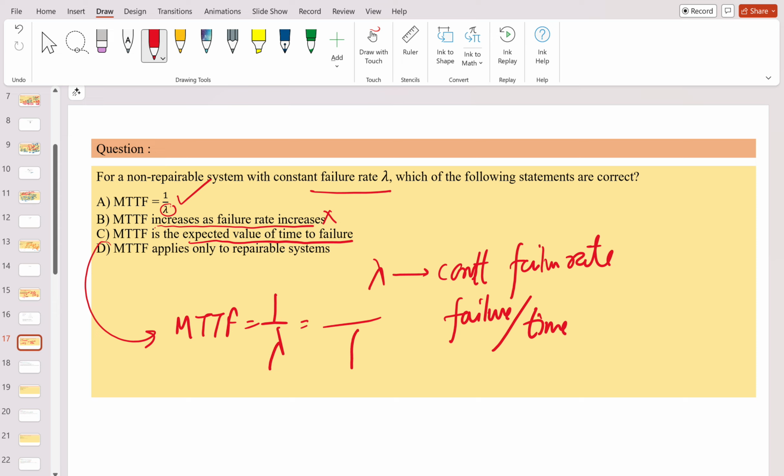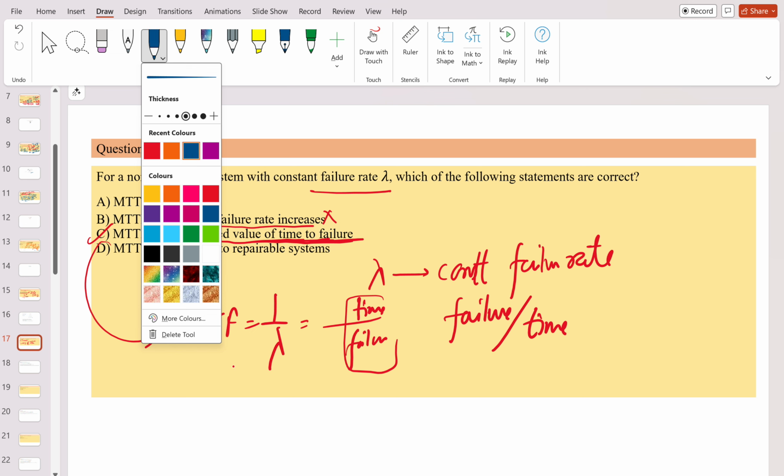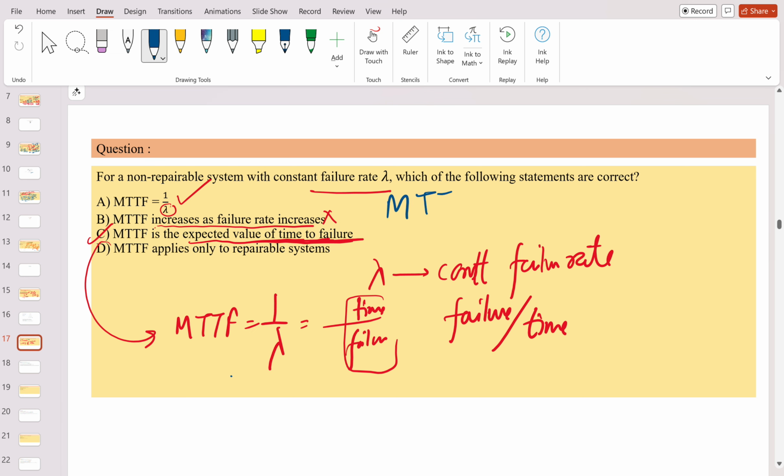When you see when the next failure will come, it is a kind of expected value, an average. Through the meaning also you can say MTTF is mean time to failure, or expected time to failure.